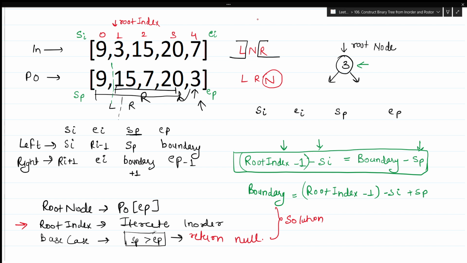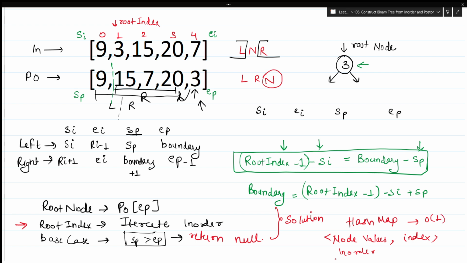Can I optimize this? Yes, I can optimize using a hash map. The hash map will contain the node values of the in order and their indices, so in O(1) time I can get the root index.